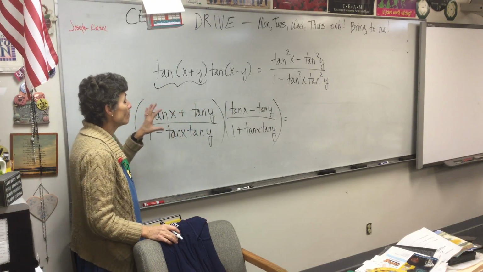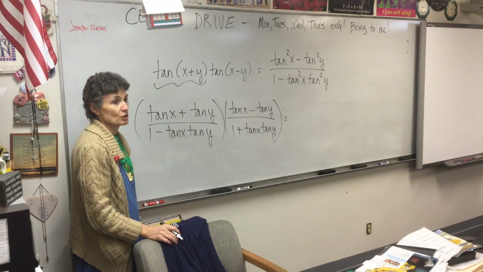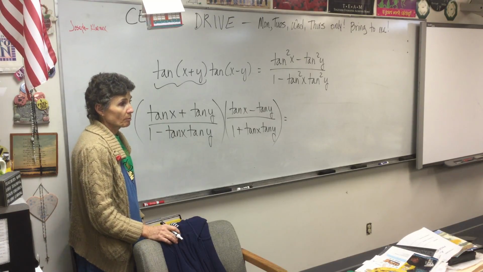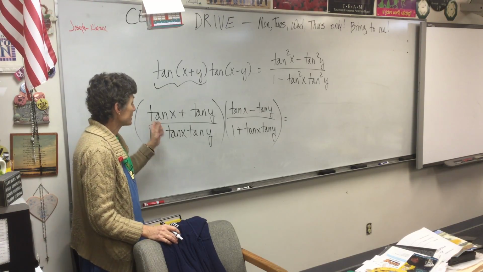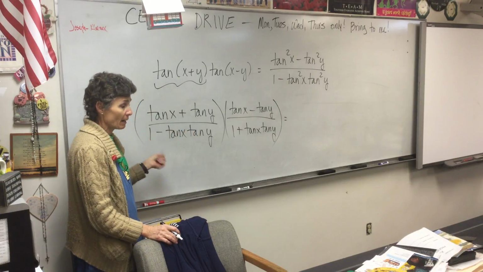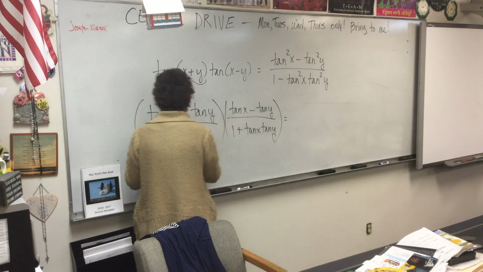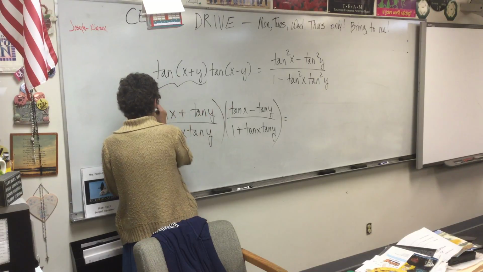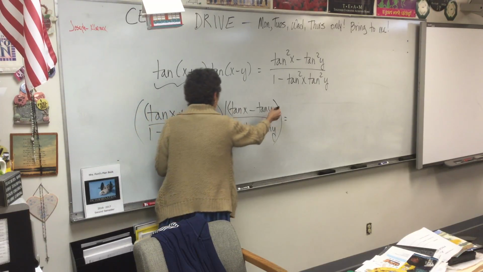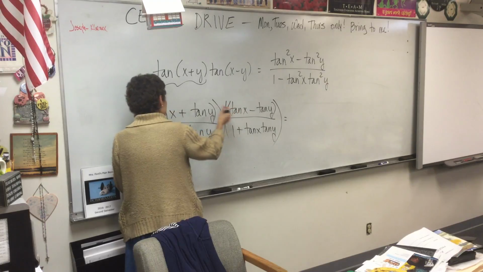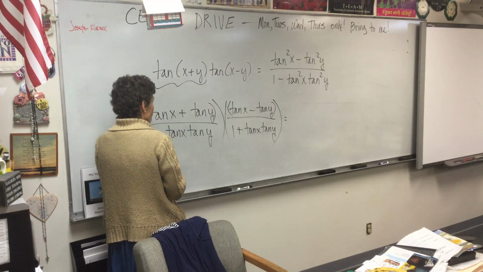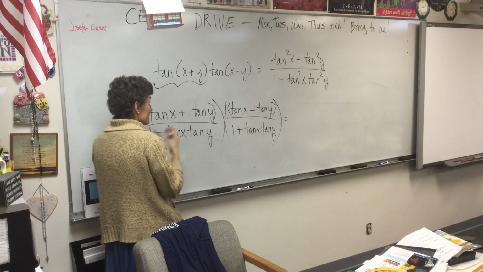Now remember, you are multiplying these fractions. When we multiply fractions, we multiply top times top and bottom times bottom, right? So what's going to happen when you FOIL these two tops together? Aren't they a difference of squares?